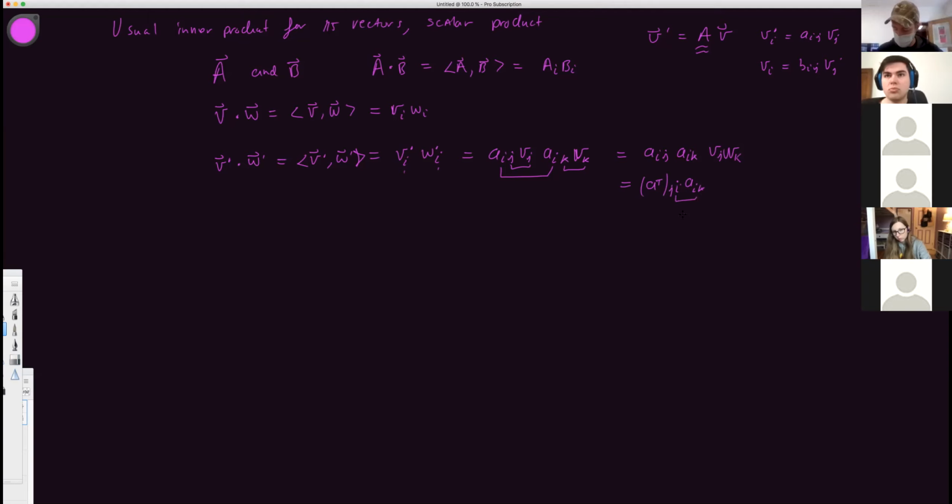So this is A transpose A. So this is the rotation matrix A, matrix multiplied by A. And I don't remember if we actually proved this or not, but the transpose of A is its inverse, right? Do you remember that?